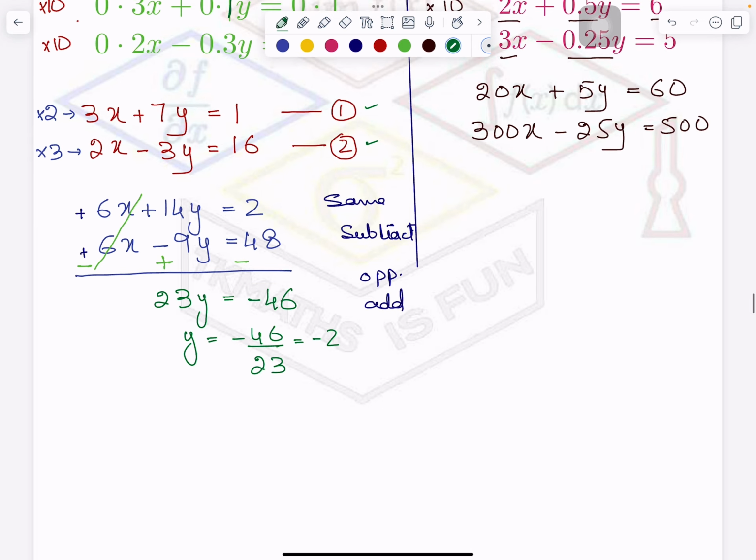So let me substitute in equation 1 and always give a reference of the equation which you are using here. So now I'm substituting the value of y in place of y. You see, there is 7y. So in place of y I'm writing, oh, I should have written minus 2, sorry.